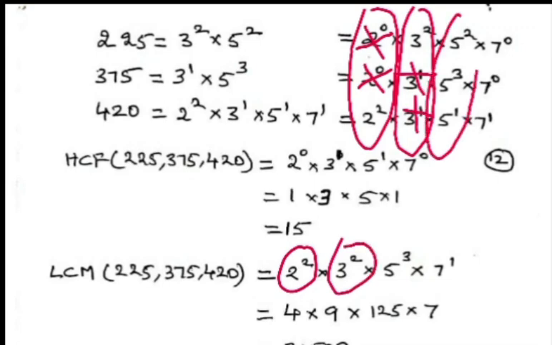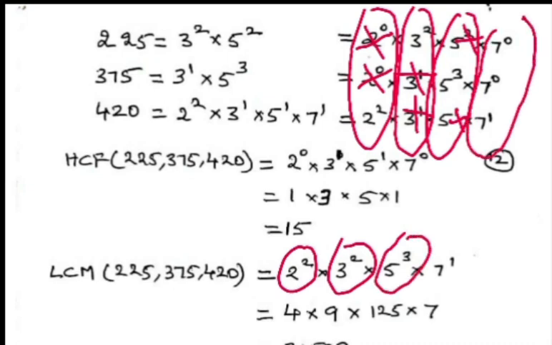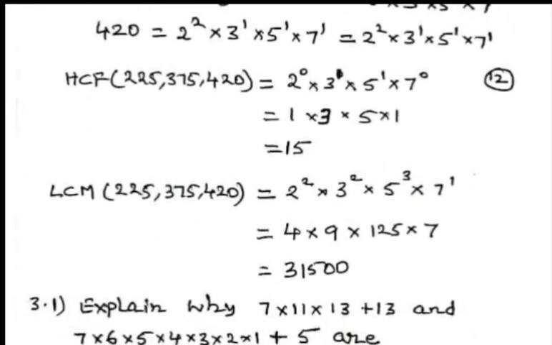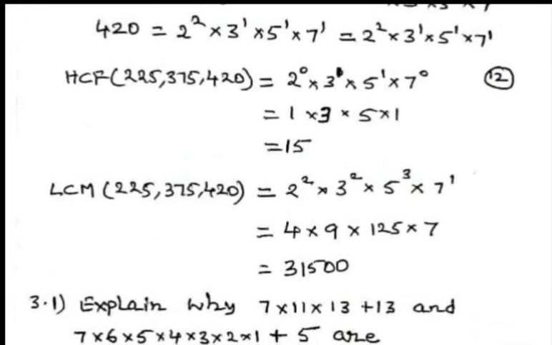Now 5 power 1 and 5 power 2 are not taken, 5 power 3 is taken, and between 7 power 0 and 7 power 1, 7 power 0 is not taken, 7 power 1 is considered. So when the LCM is to be calculated, we take the prime numbers with the highest powers. The product of all this gives us the LCM. The LCM is 31,500.